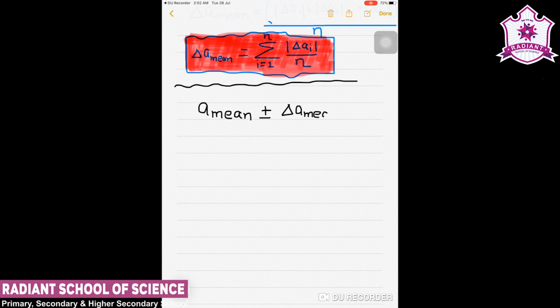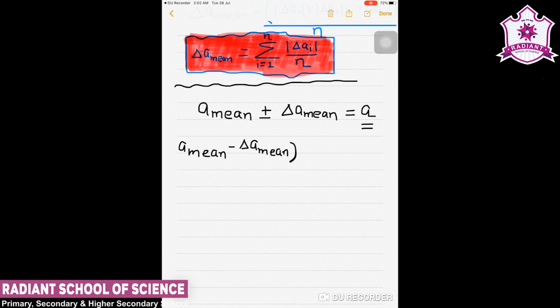So this value is actually called the original value of our calculation, and here our actual a lies between these two values. That means normally a lies between a mean minus delta of a mean.